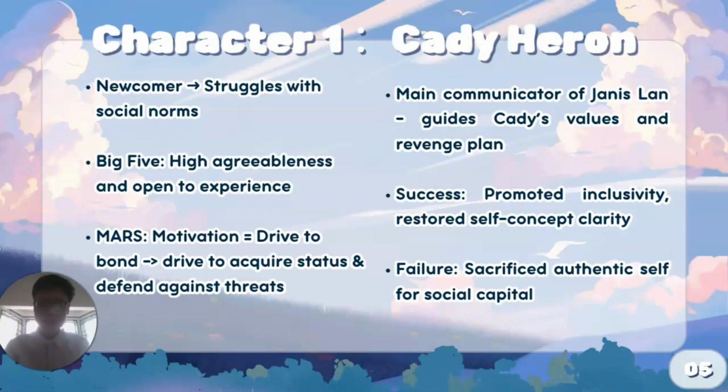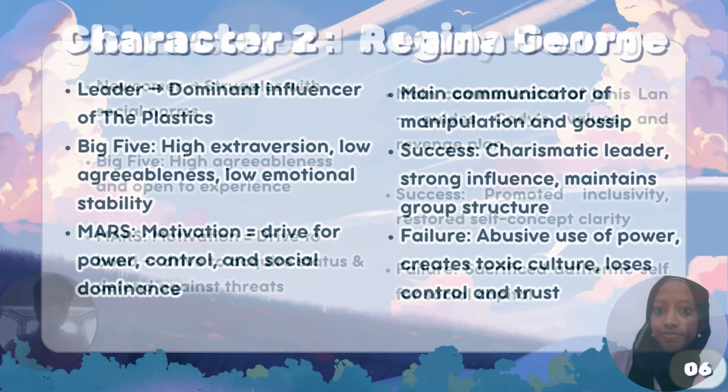Cady internalizes the toxic norms of the Plastics, resulting in emotional dissonance and emotional labor, especially when pretending to be bad at math. Her success is promoted inclusivity and restores self-concept clarity, while her failure sacrifices her authentic self for social capital.